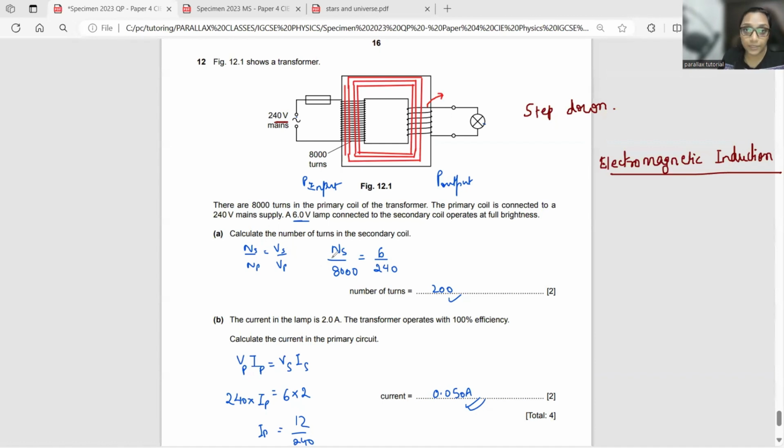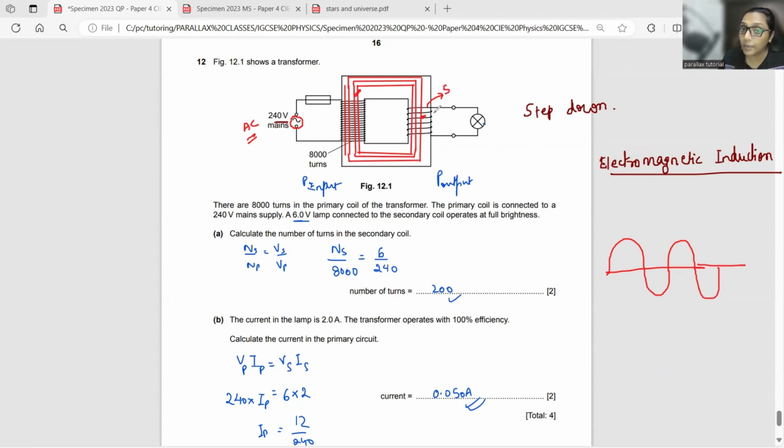But nothing will happen over here because electricity will be induced only when there is a changing magnetic field, correct? So from where do we get a changing magnetic field? If you have an AC input, remember AC input means the current or the voltage which you're giving is continuously changing. Therefore, the magnetic field lines are also continuously changing. Lower, more, like that. Therefore, you have a changing magnetic field in the secondary coil.